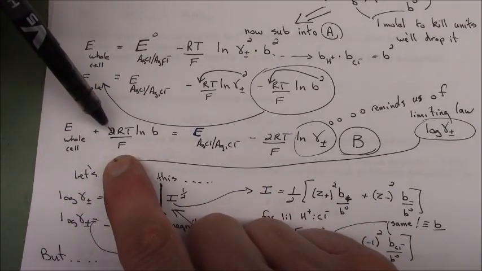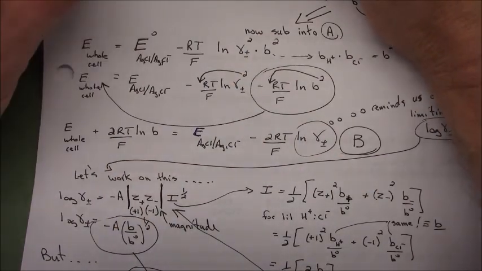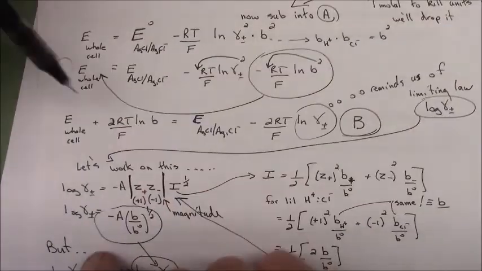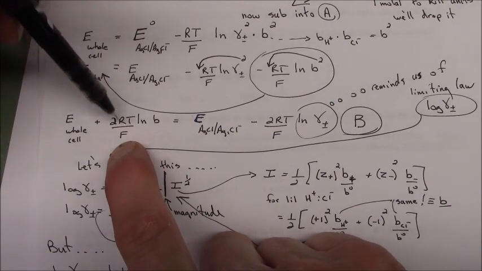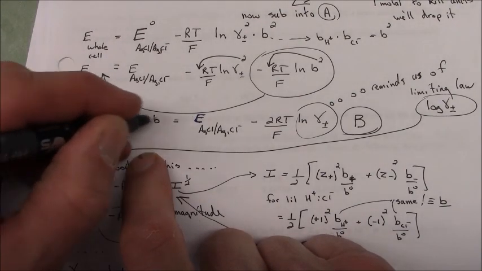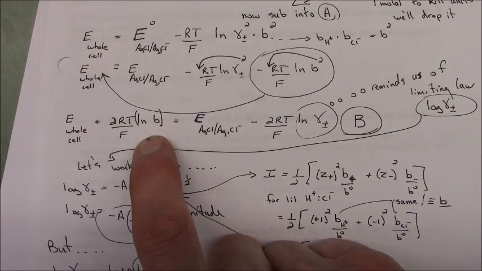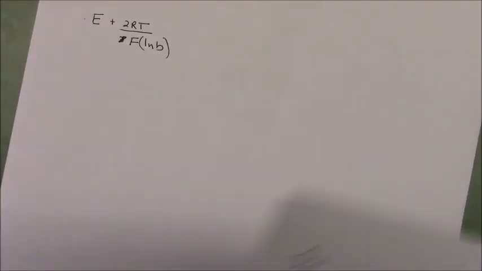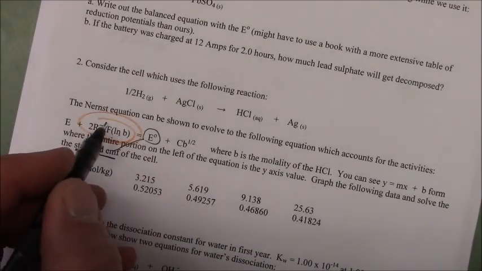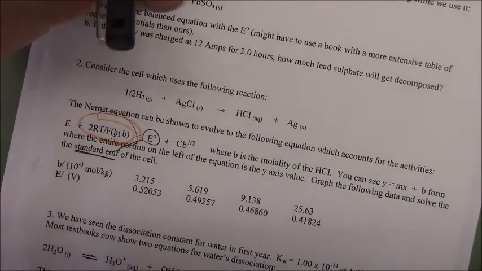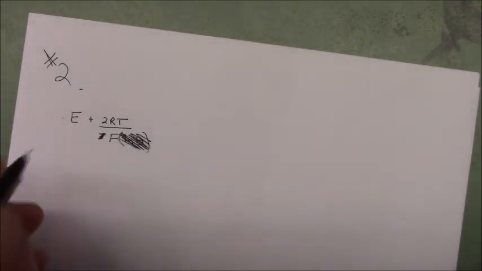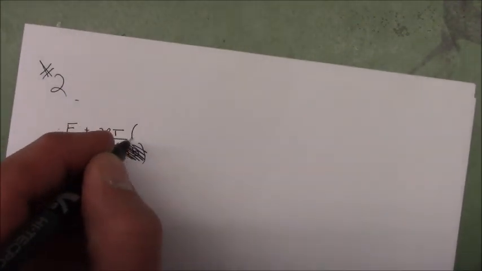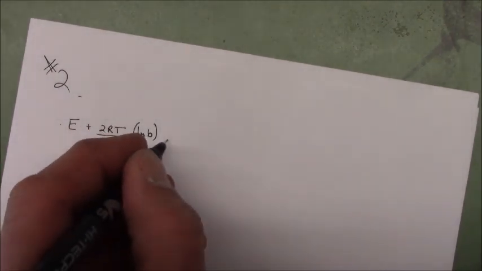See how it's, do we have a 2? Yeah. 2RT divided by just F, right? And then you multiply by ln B. So we got to make sure it's done that way. So that is a little bit of an issue. So you can see how I almost made the same mistake. Ln B does not belong there. It belongs here. Aha. So that makes sense.